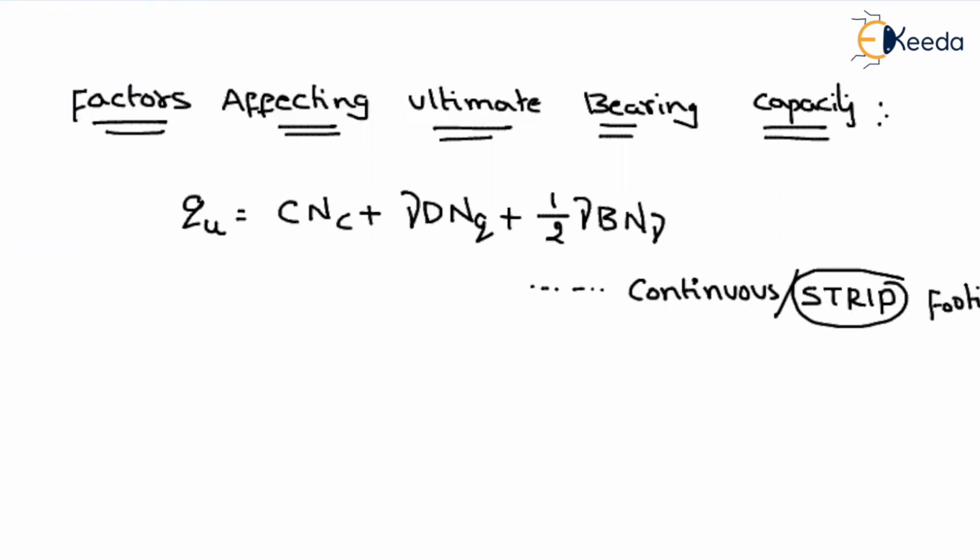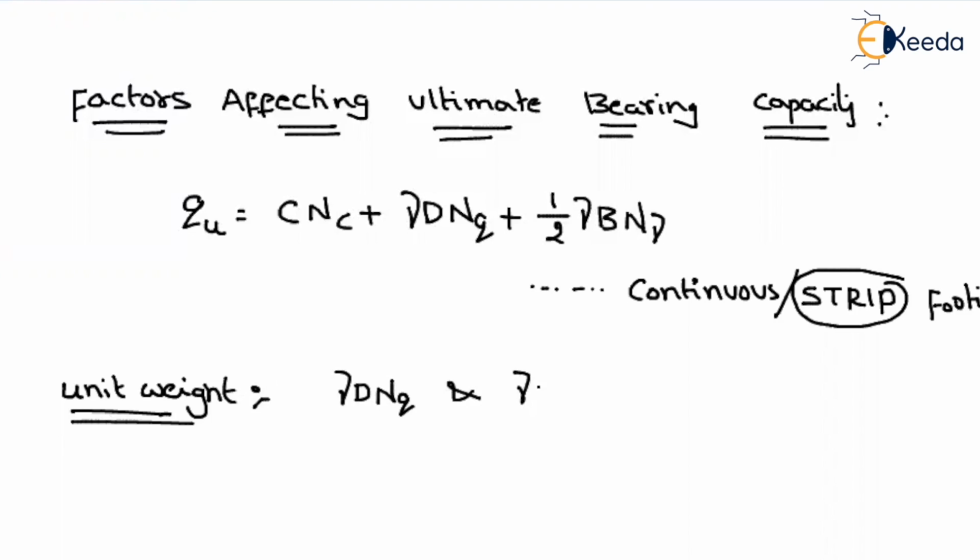Now, let us see the effect of unit weight. How many terms have the unit weight in this equation? We have unit weight in gamma D Nq, and also in gamma B N gamma. Let us assume your soil is getting more compact, that means it is very dense soil.